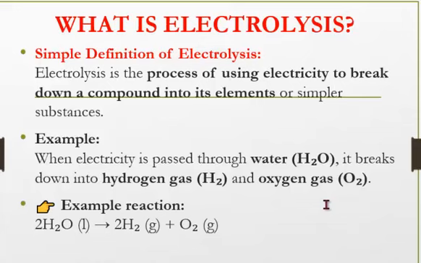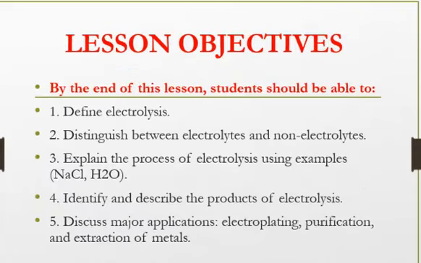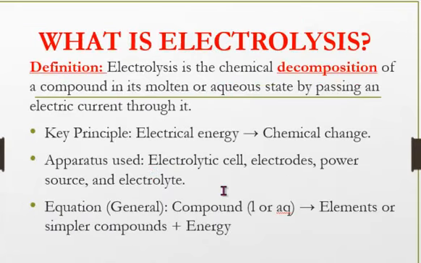Make sure you understand. You can play the video again, you can repeat it, and make sure you get that. Now, what are the key principles required in this? One is electric energy, that is, chemical changes need a current to pass through. But then the apparatus used: electrolytic cell, electrodes, power source, and electrolyte.